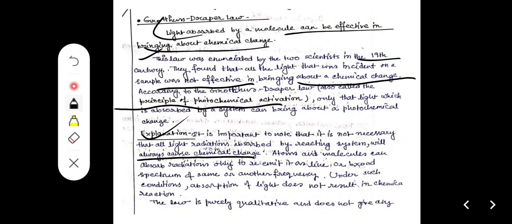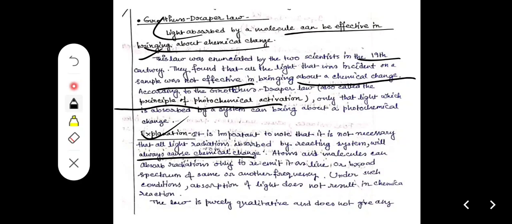When absorption takes place, not all absorption is effective, because not all absorption produces chemical changes. As with our effort in examination, we study a lot day and night, and most of the time we get good marks, but sometimes we do not get our expectation fulfilled.